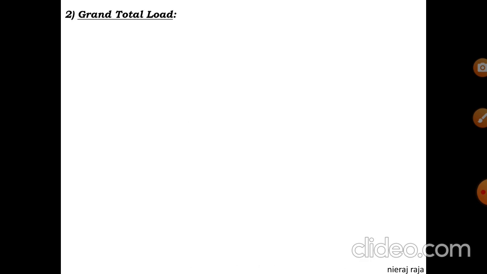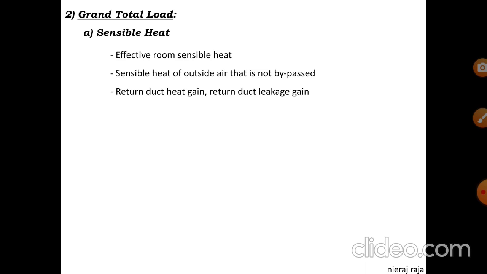Now next is the grand total heat, and in grand total heat we directly have effective room sensible heat. Whatever factors in sensible heat gain we have considered, we take the effect of them all together in the effective room sensible heat. And the sensible heat of outside air that is not bypassed. There is a concept of bypass factor also.